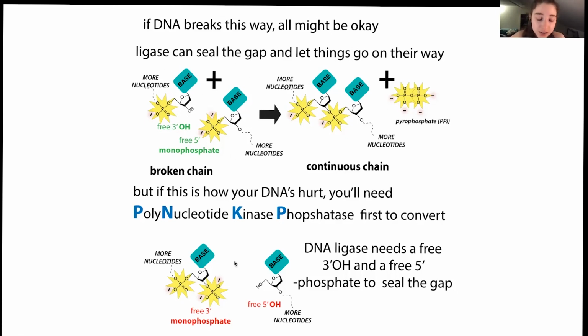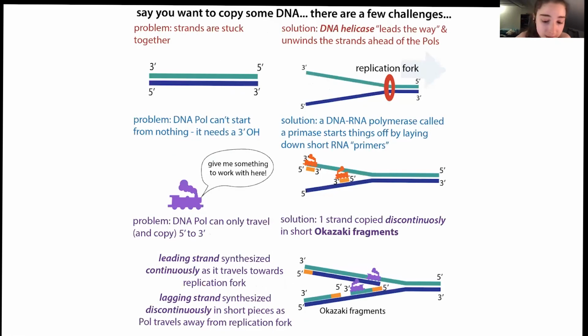But if you break it so that you have a free 3' monophosphate and a free 5' OH, in this case another enzyme called polynucleotide kinase phosphatase can help remove the phosphate group from this 3' end to make it able to join back together. And so sometimes that'll come into play in the lab as well.